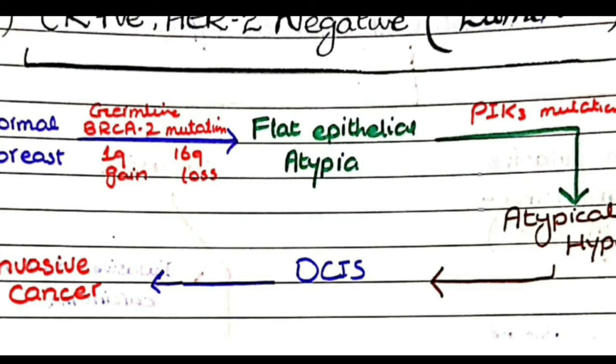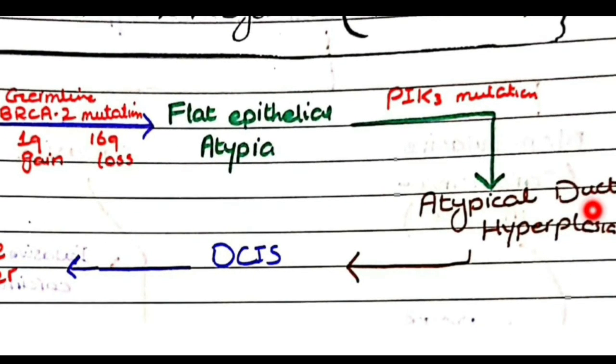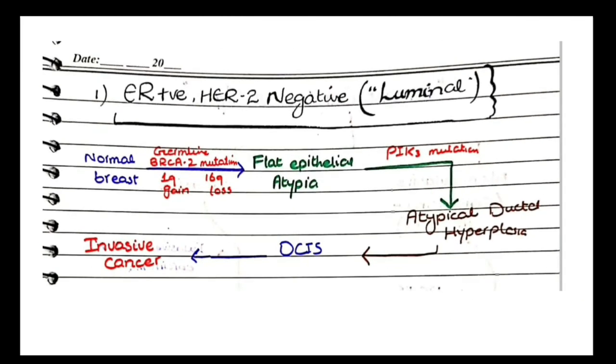Q means the long arm of the chromosome, so 1q means the long arm of chromosome 1 and 16q means the long arm of chromosome 16. So 1q gain, 16q loss, and BRCA2 mutation are the culprit mutations that result in flat epithelial atypia. After that, when flat epithelial atypia converts into atypical ductal hyperplasia, the culprit mutation is PIK3 mutation. So these are the common mutations that have been shown to result in ER positive tumors.